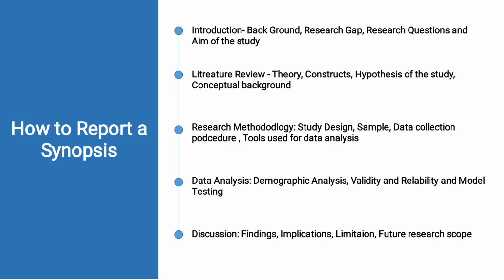So when I am talking about sample, this is very relevant for quantitative research and also for qualitative research. But in quantitative research, you gather data from a large sample, whereas in qualitative research you operate within a limited sample.